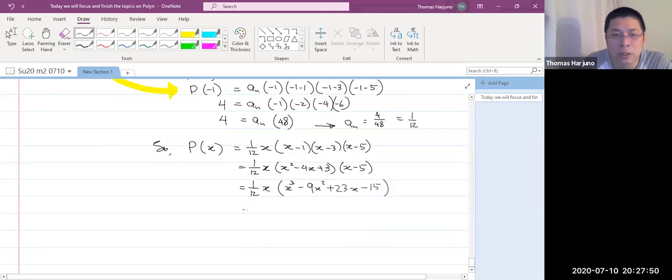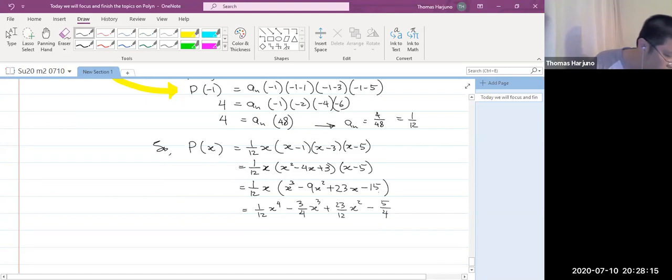So this is 1 over 12 x to the 4th minus 3 over 4 x cubed plus 23 over 12 x squared minus 5 over 4. Okay. That's for number 14.